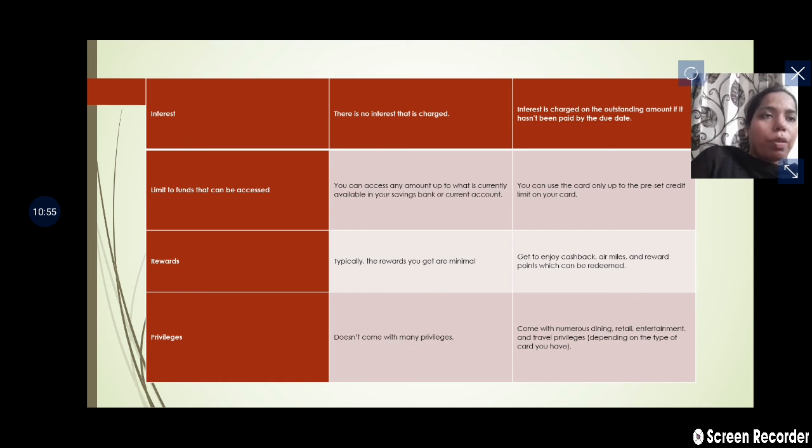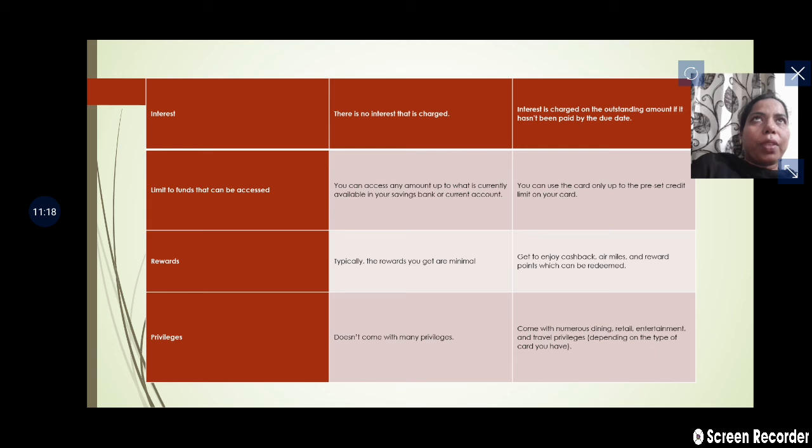Interest is to be paid on the use of the credit card or the outstanding balance. Similarly, there are various rewards associated with the use of the credit card, so that the individual can spend more money with the credit card. The privileges are less with the debit card and more with the credit card.